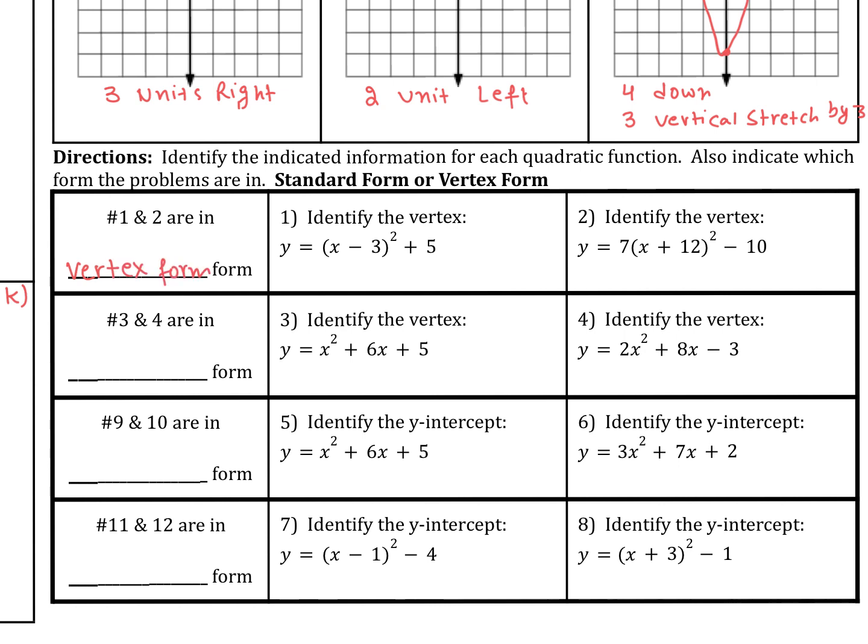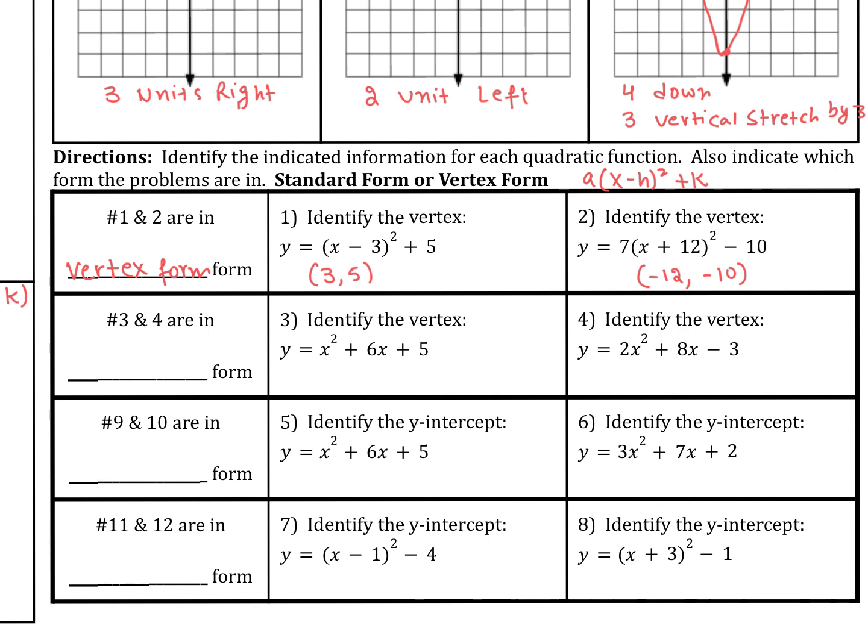To remind you, the vertex form is a times x minus h squared plus k. Identify the vertex. In this case it is 3 comma 5, and in this case it is negative 12 comma negative 8.